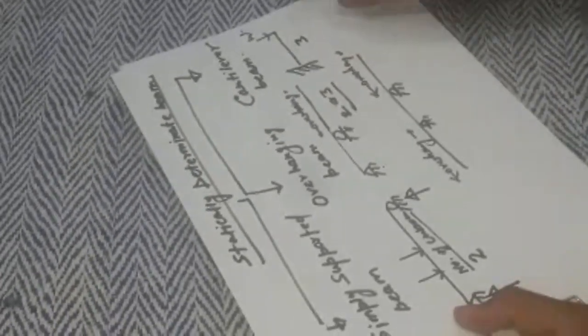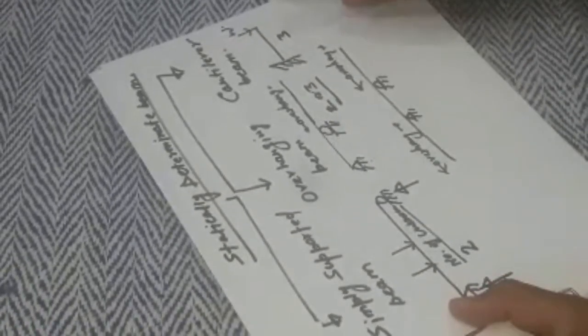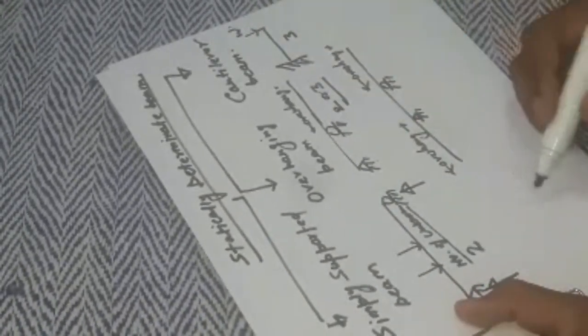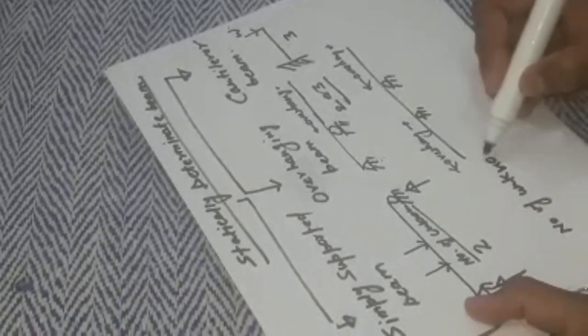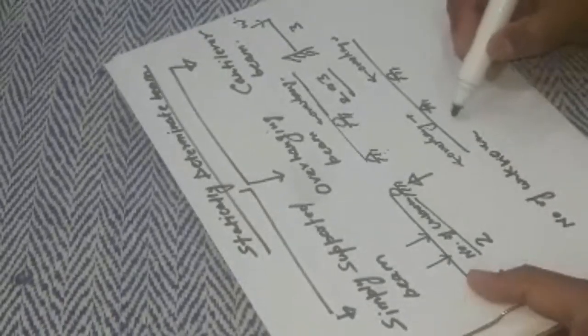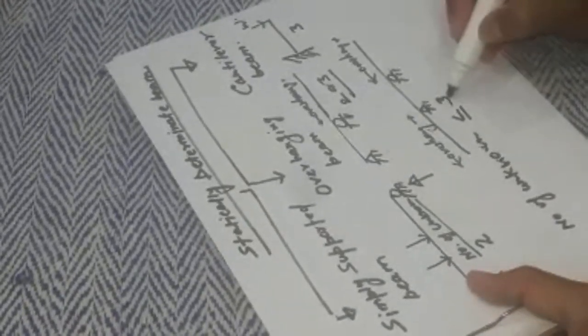Here a fixed support always offers resistance in 3 directions, right? The number of unknowns is 3. So in case of a statically determinate beam, the number of unknowns is always less than or equal to 3.